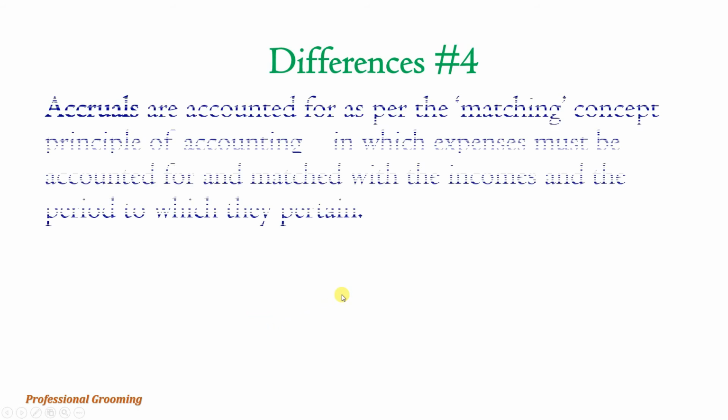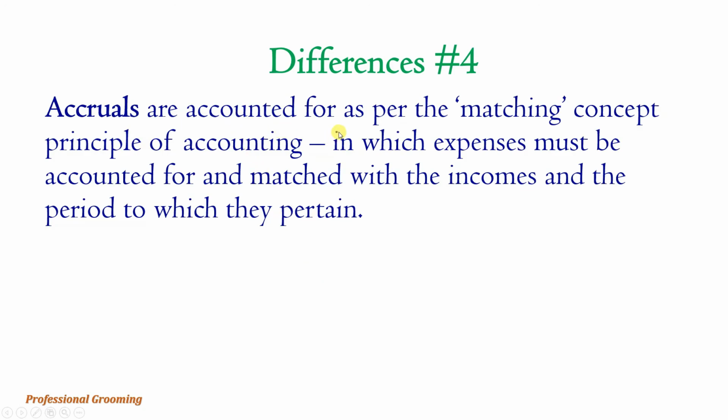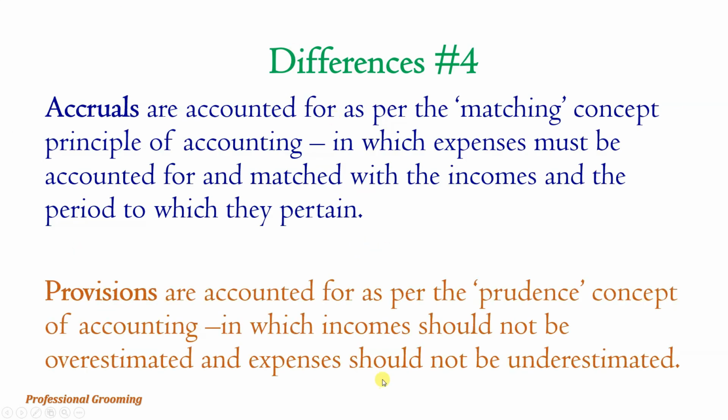Difference number 4. Accruals are accounted for as per the matching concept of accounting, in which expenses must be accounted for and matched with the incomes and the period to which they pertain. Provisions are accounted for as per the prudence concept of accounting, in which incomes should not be overestimated and expenses should not be underestimated.